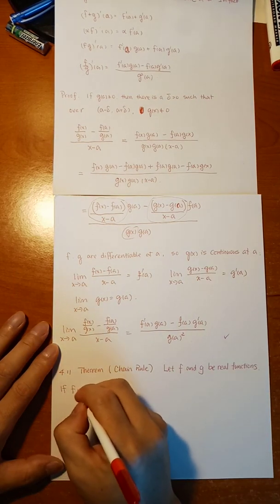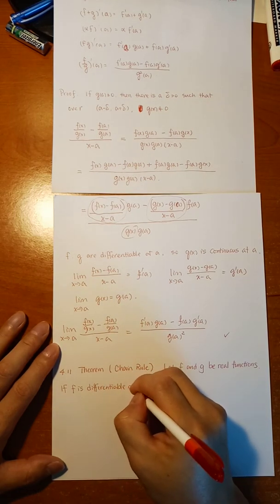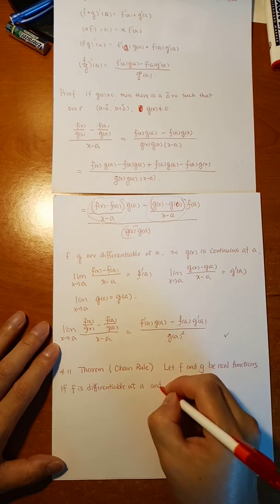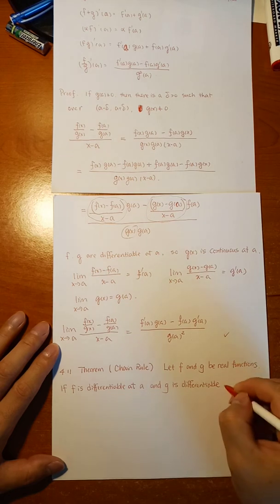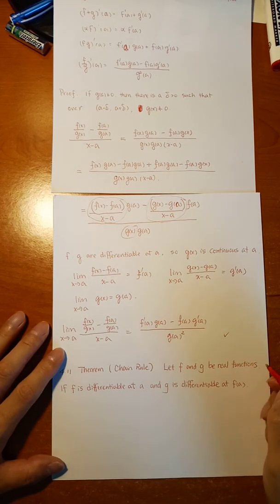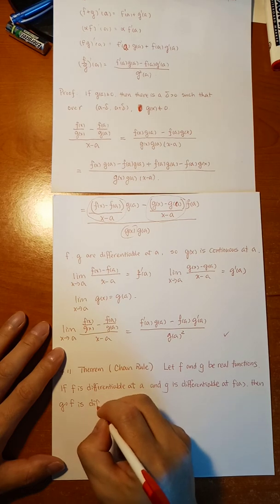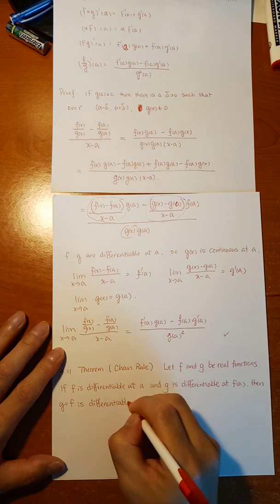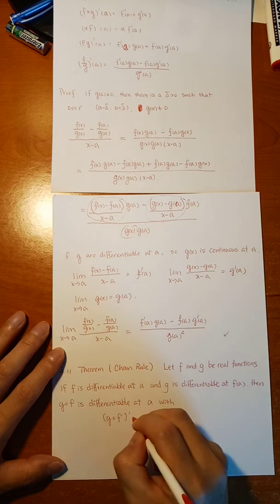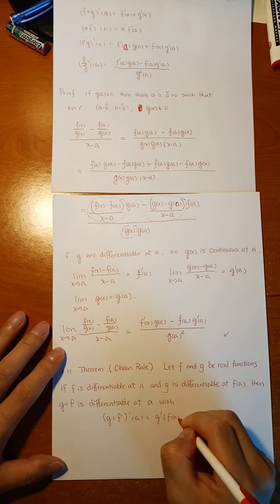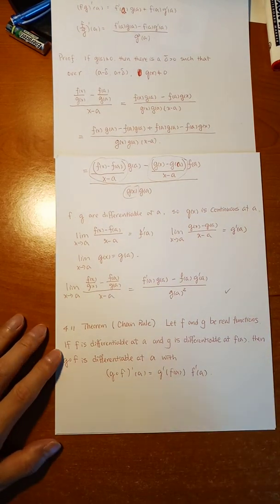If f is differentiable at a and g is differentiable at f of a, then g compose f is differentiable at a, with the formula: the derivative of g compose f at a is equal to g prime of f of a times f prime of a. Chain rule.